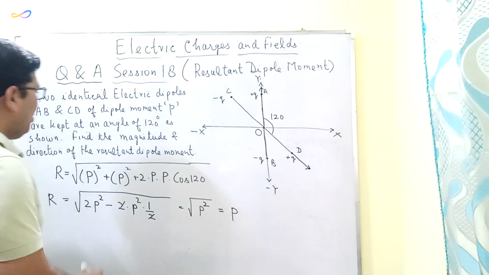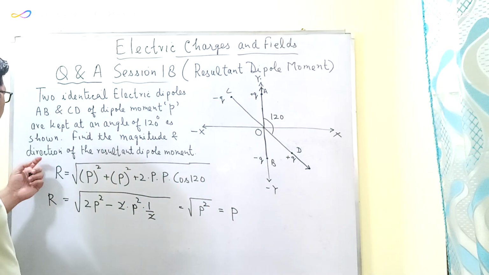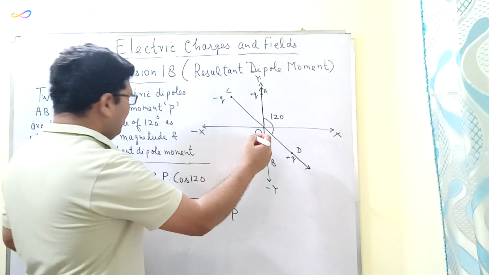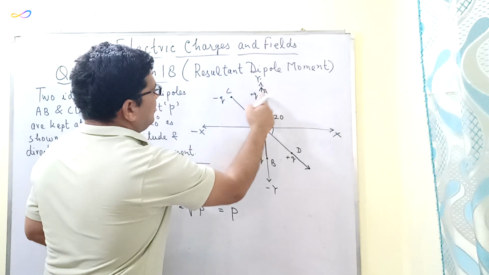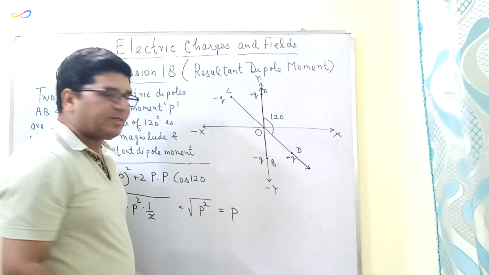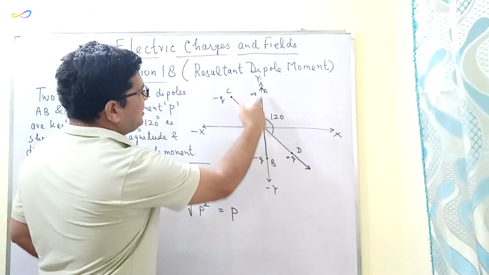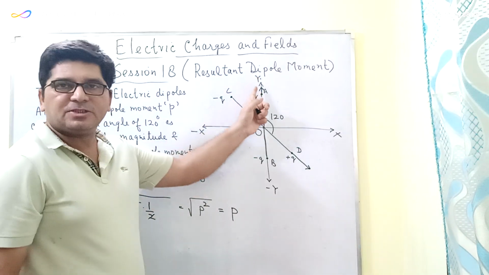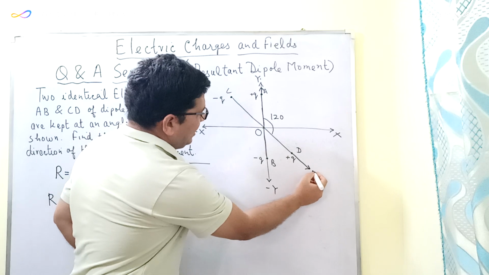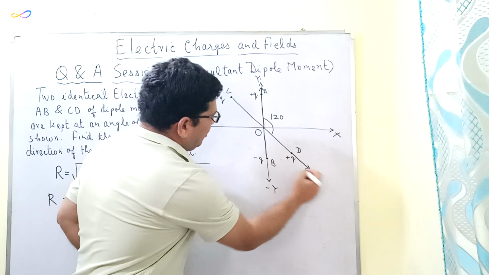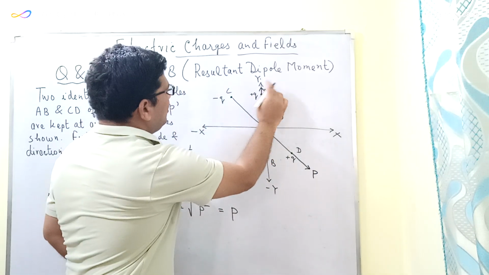Now here the next important thing is that we have to find the direction of the resultant dipole moment. Dipole moment is a vector quantity. So one of the vectors is aligned along this positive y-axis, and the other vector is aligned along this direction as shown by this arrow.